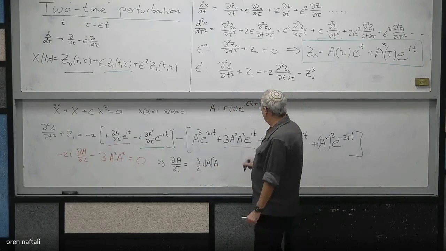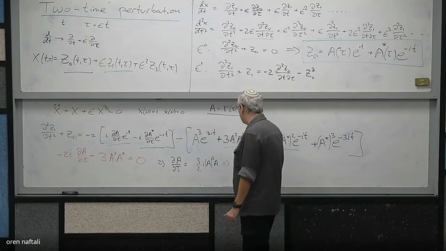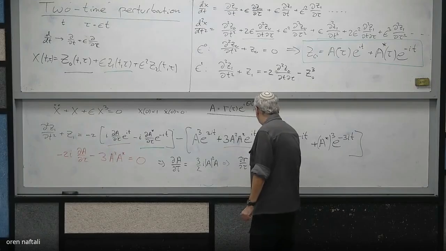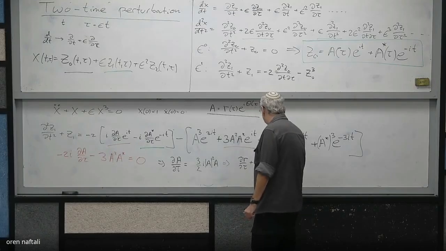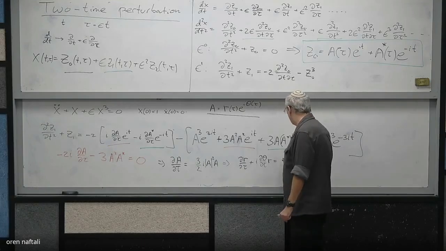Okay? And now I make this substitution. So this will give me dou R dou tau plus i dou theta dou tau times R equals 3 over 2 i R cubed.